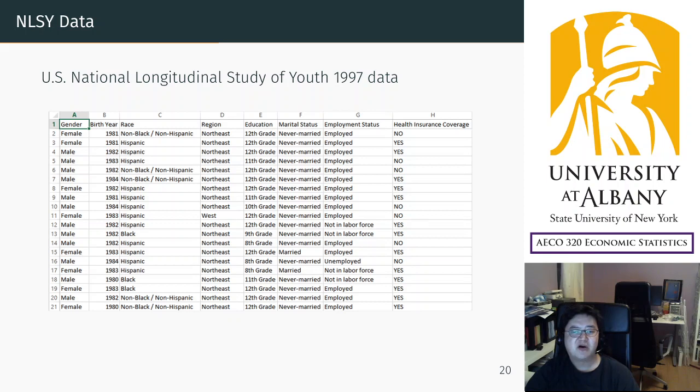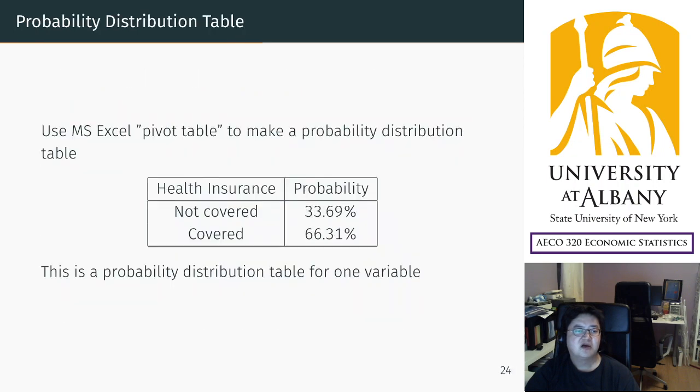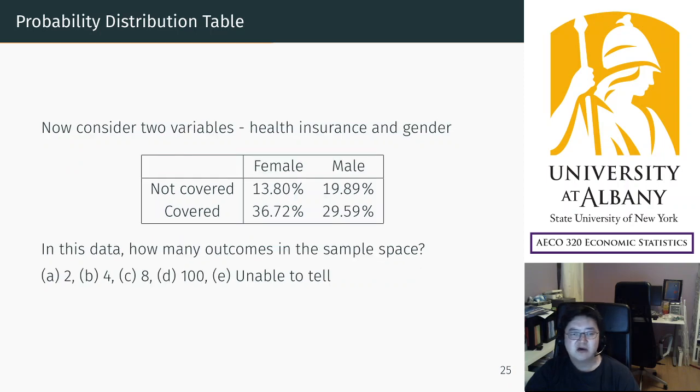If you think about this data, it's real data, and we can make a 2x2 probability distribution table. From here you can calculate any probability because it shows all the outcomes' probabilities.